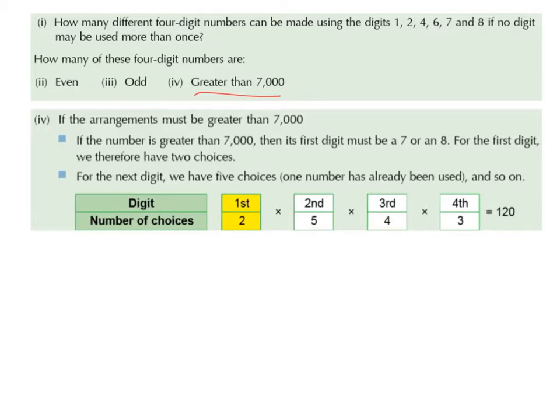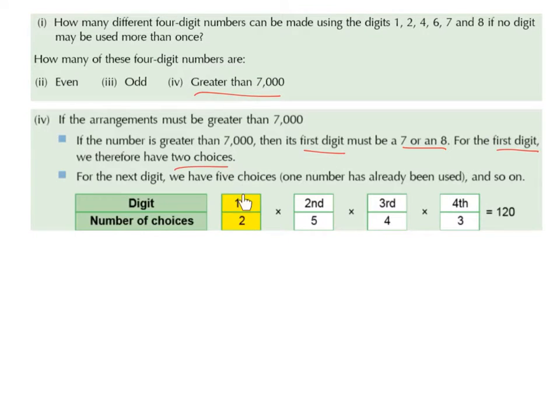Because any other 4-digit number that starts with a 1, a 2, a 4, or a 6 is less than 7,000. So for the first digit, we therefore have 2 choices.